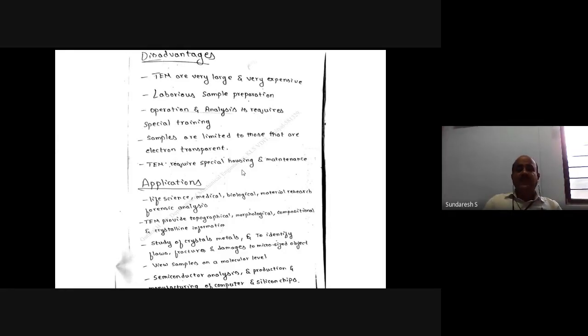Basically, it is very large and very expensive, and you need to prepare an ultra thin film specimen. So preparation of the specimen will take time and human energy. Operation and analysis require special training, definitely, and it is limited to samples that are electron transparent.